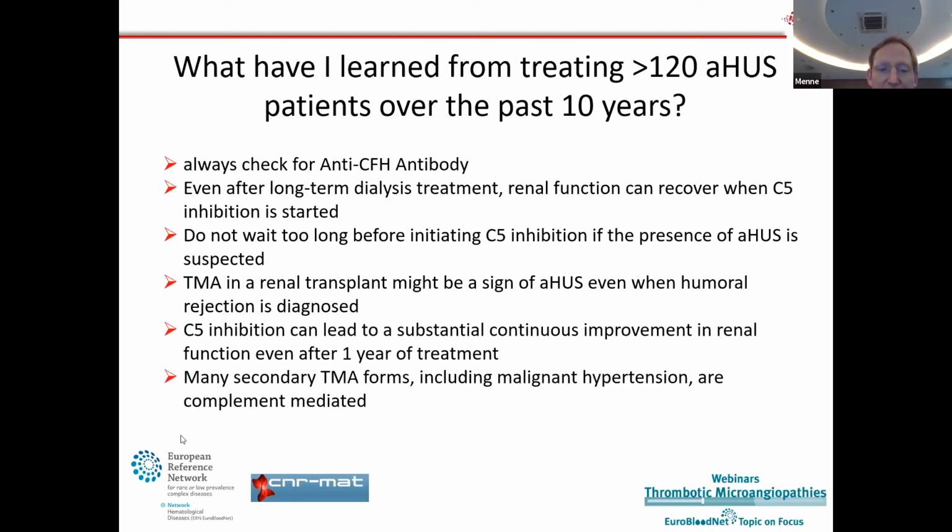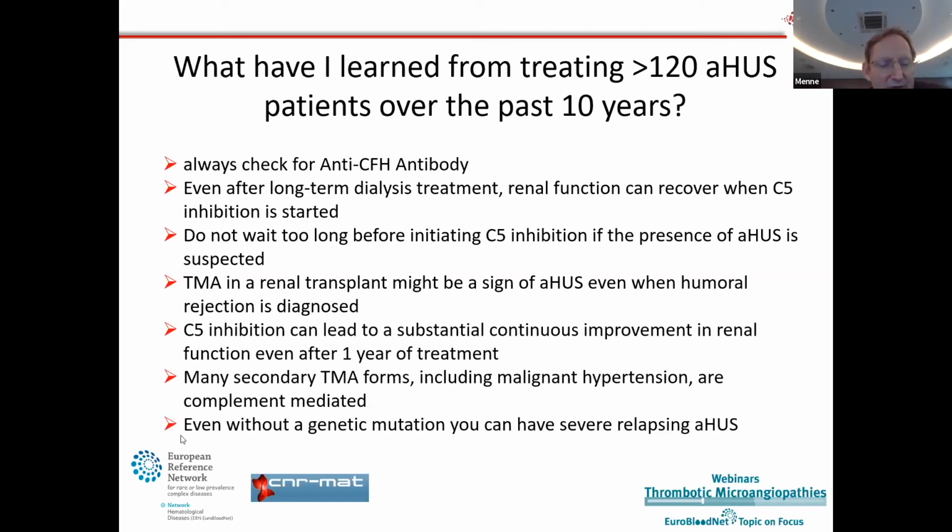What is also important, many secondary TMAs, including malignancy, are complement mediated. This is a bit of a tricky issue. Some people do seem to respond, some not. This is really very severe, and it is always difficult to make the right decision whether this patient now requires complement inhibition or not.